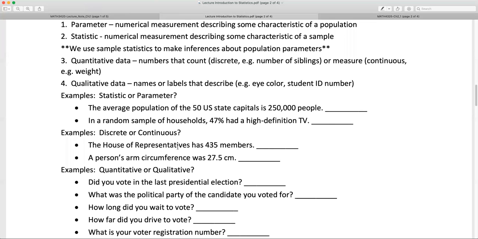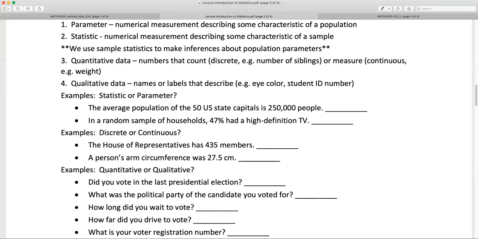Keep in mind, a parameter is the mean or average, standard deviation, or variance of a population, which we're going to learn later. A statistic is the average or mean, standard deviation, or variance of a sample. Keep this in mind.